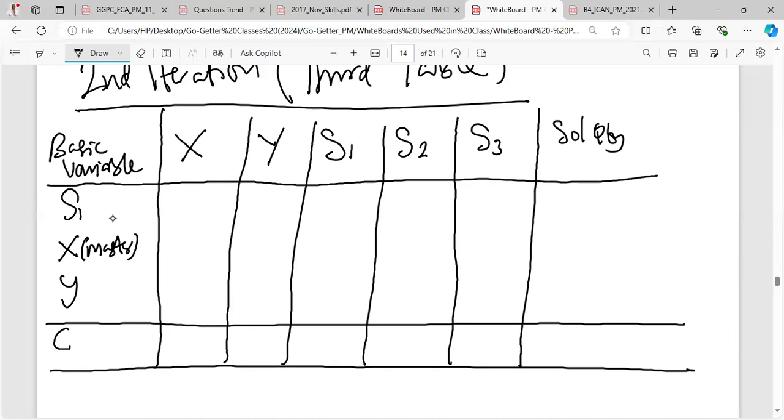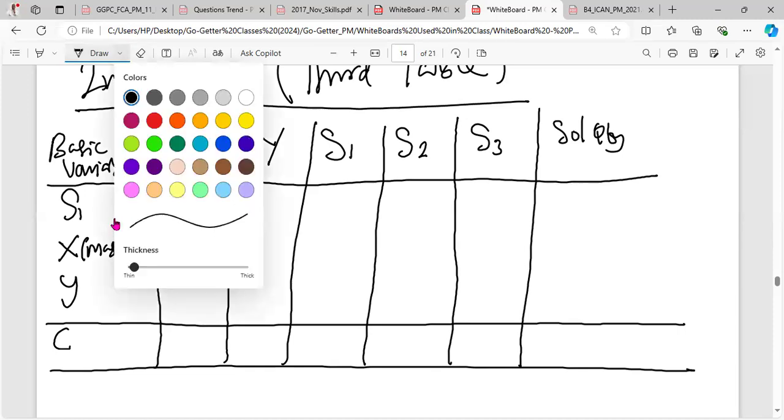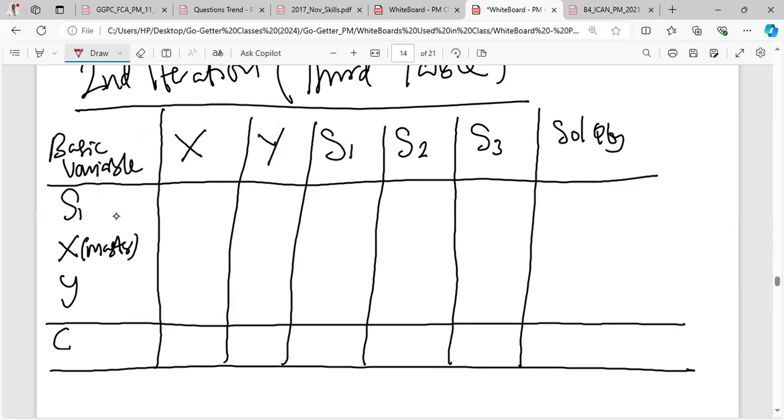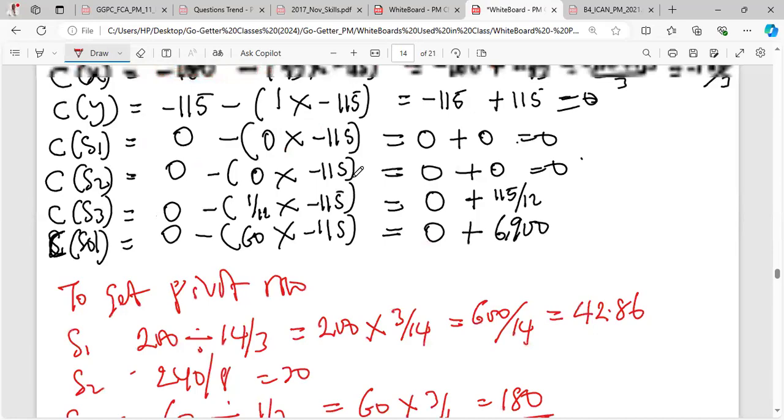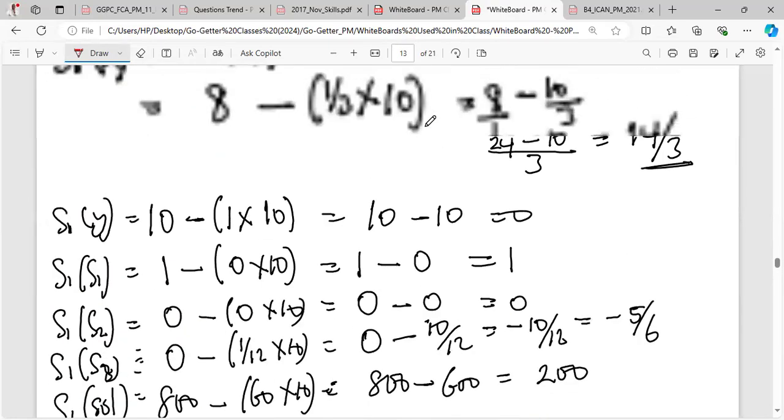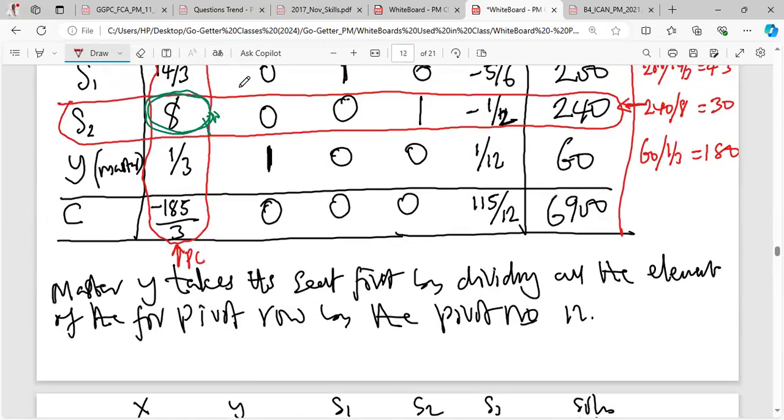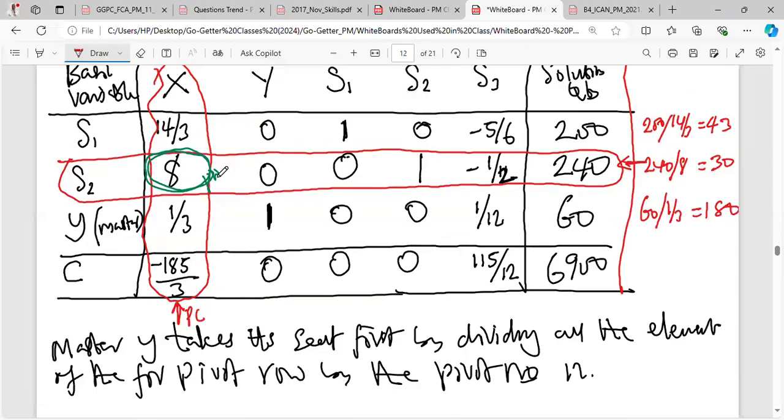So now how do we get our master filled up? I am going to use this color for master. So I'm going to be dividing everything in the pivot table. So I have 8, 0, 1, minus 1 over 2, 240.